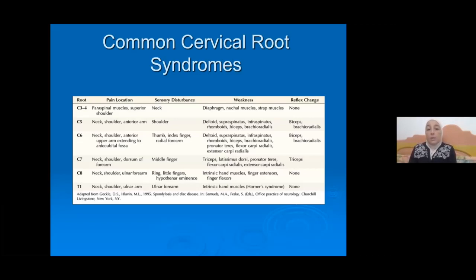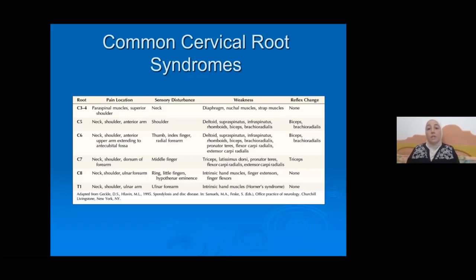In C8 and T1 radiculopathy, the pain is in the neck, shoulder, and ulnar forearm for C8 and ulnar arm for T1. There's no particular reflex to test for these root values.